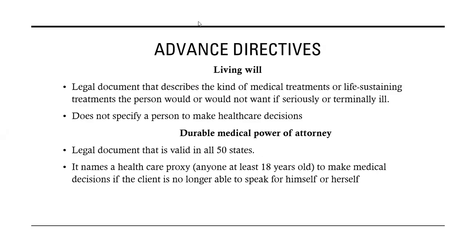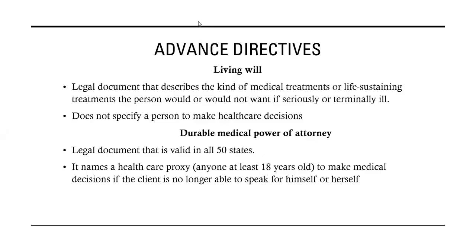So we have living wills and durable powers of attorney. These are legal documents. The durable medical power of attorney names a person, or a proxy, to make medical decisions. Now, the living will is a document that has all of the wishes of the client or the patient spelled out.